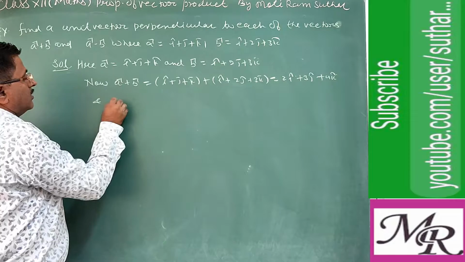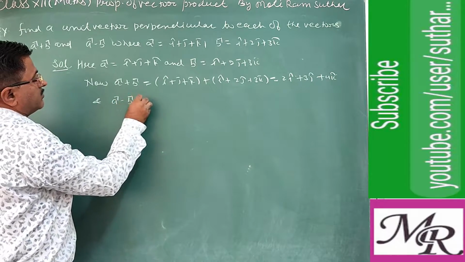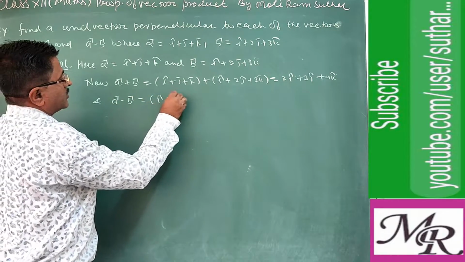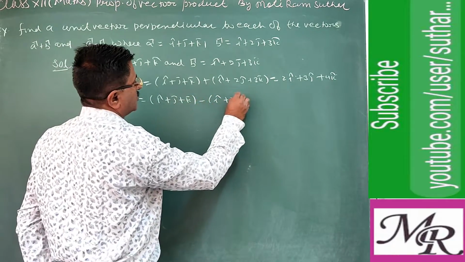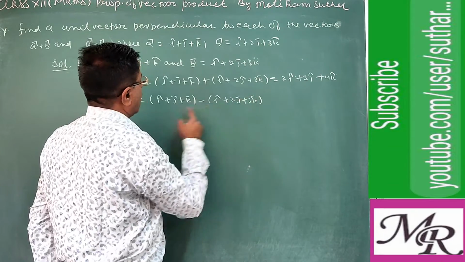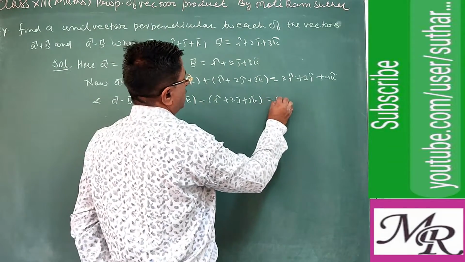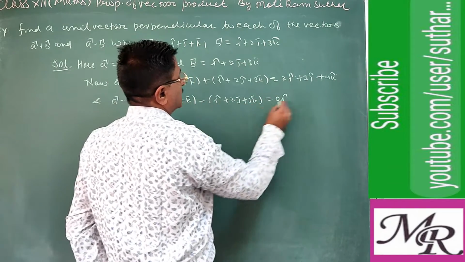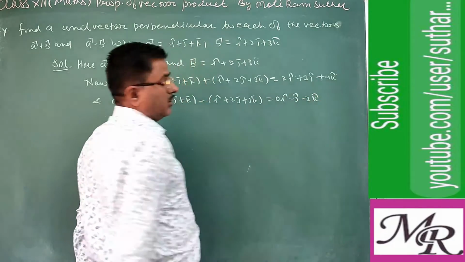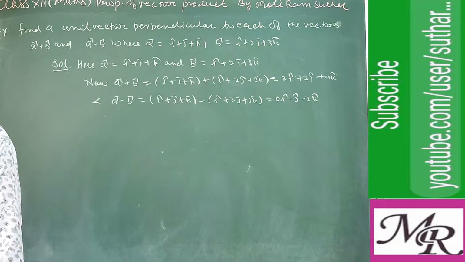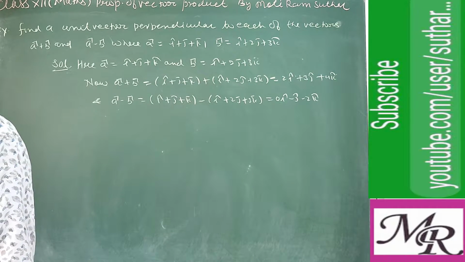Similarly, we want to find the difference of the given two vectors. So i plus j plus k minus i plus 2j plus 3k. So i minus i, that is 0. j minus 2j, that is minus j, k minus 3k, that is minus 2k. So we find the two vectors a plus b and a minus b.